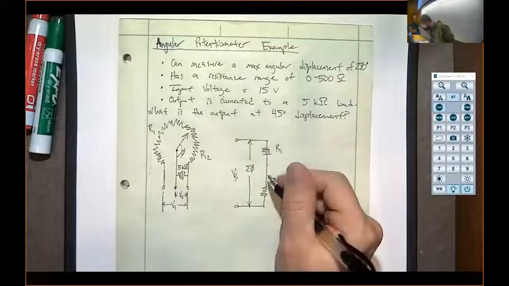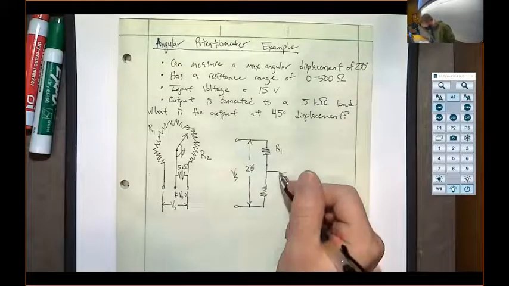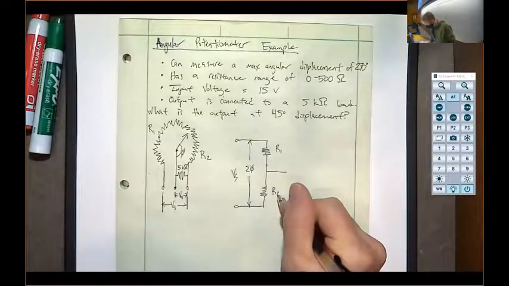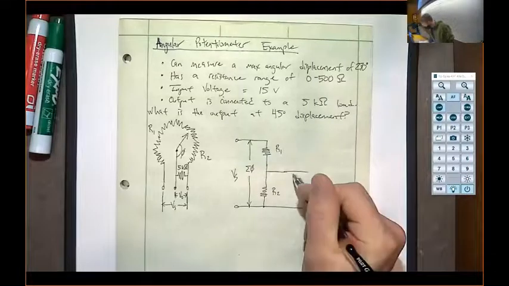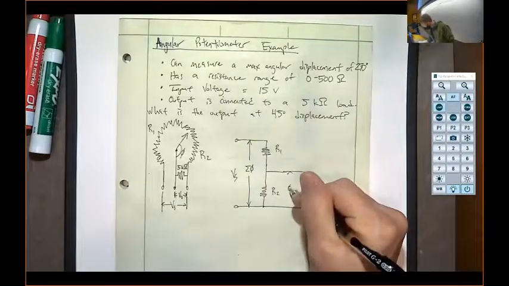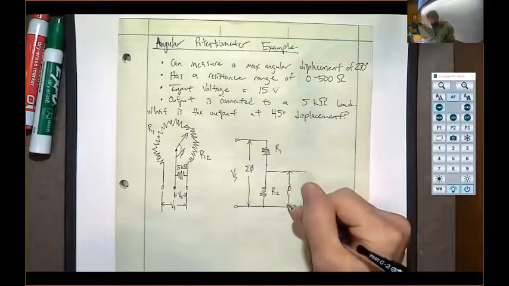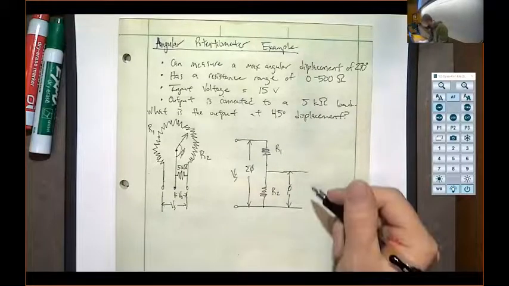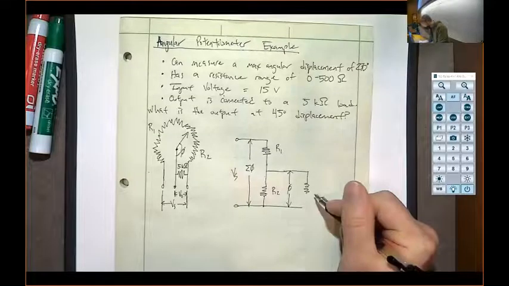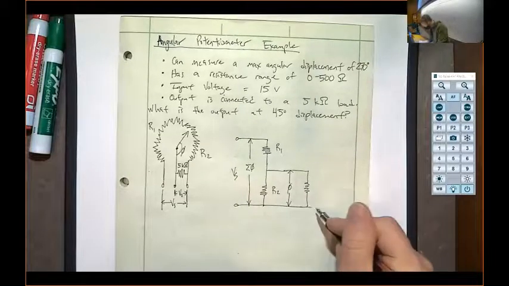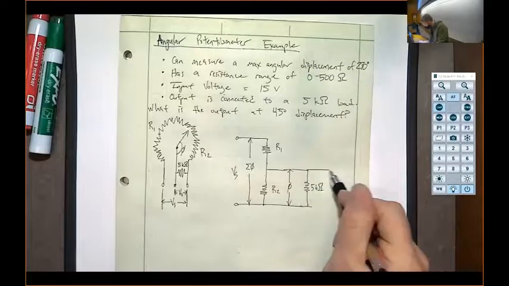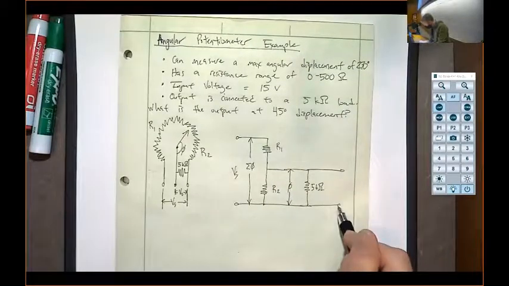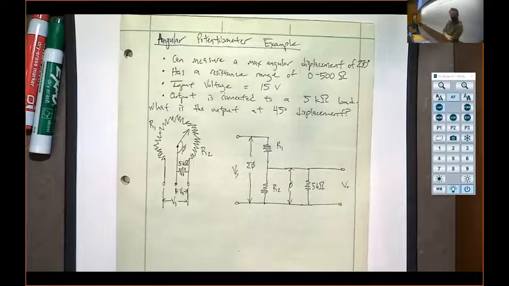This is our slider position. This down here is R2, and this is our displacement. And then we have our 5 kilo ohm load, and we have our output voltage there. So that might be easier to comprehend.